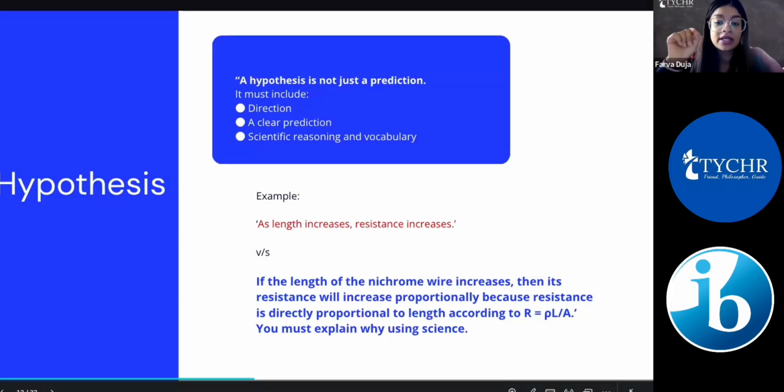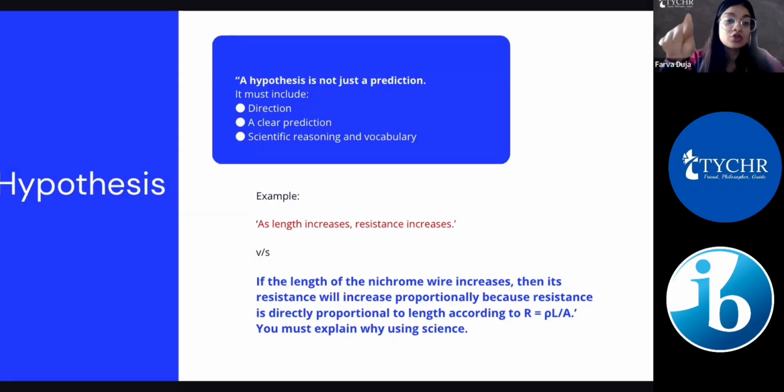If the length of the nichrome wire increases, aka the independent variable changes, then its resistance, the dependent variable, will increase proportionally. And always there should be a "because" and a specific scientific line that you either found in your books, your class PowerPoints, or on your Google research.